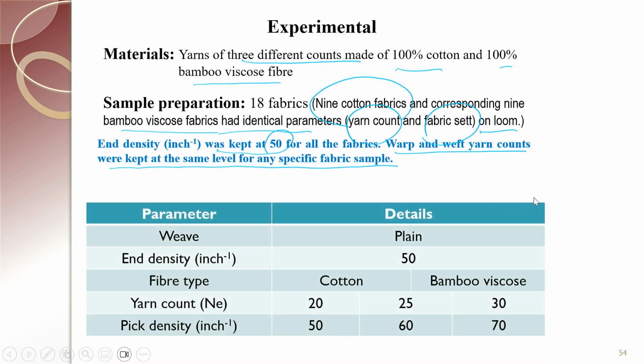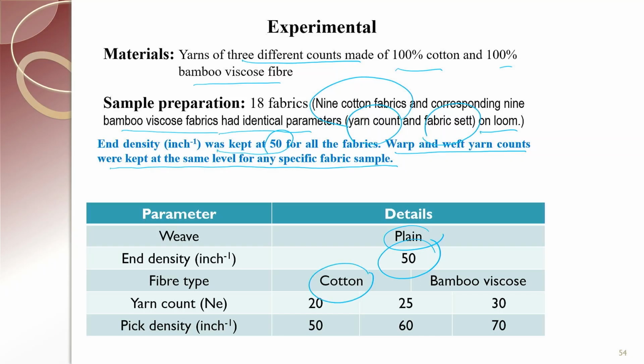Now, here we can see we have produced plain woven fabric, end density was kept at 50 ends per inch.